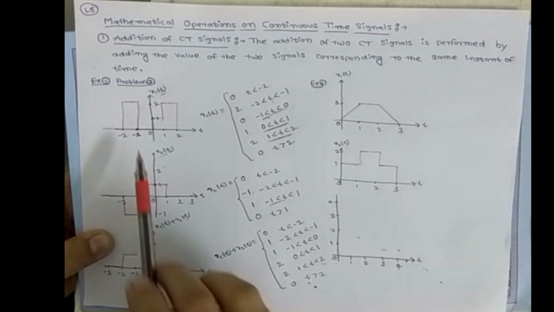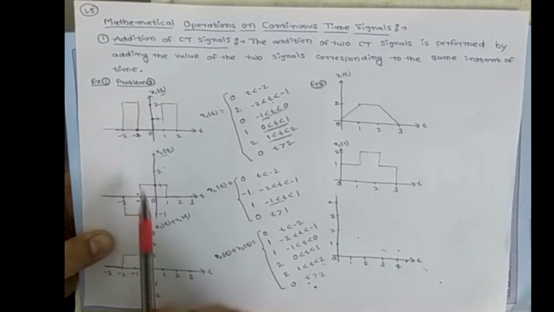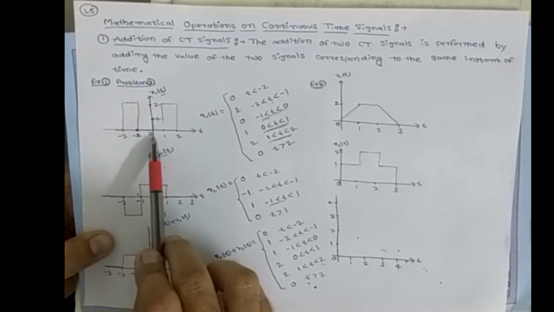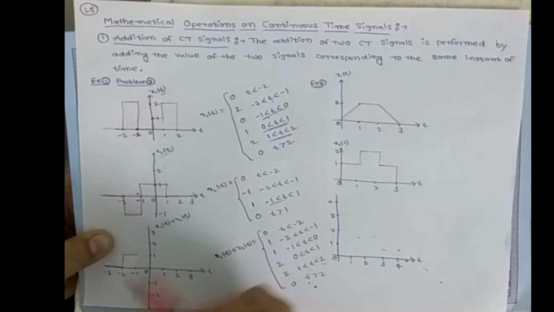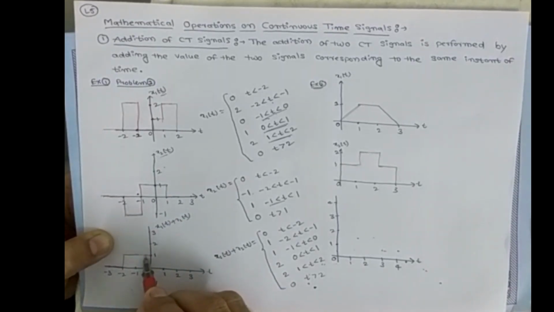From minus 1 to 0, one signal is 0 and the other is 1, so 0 plus 1 is 1 only.